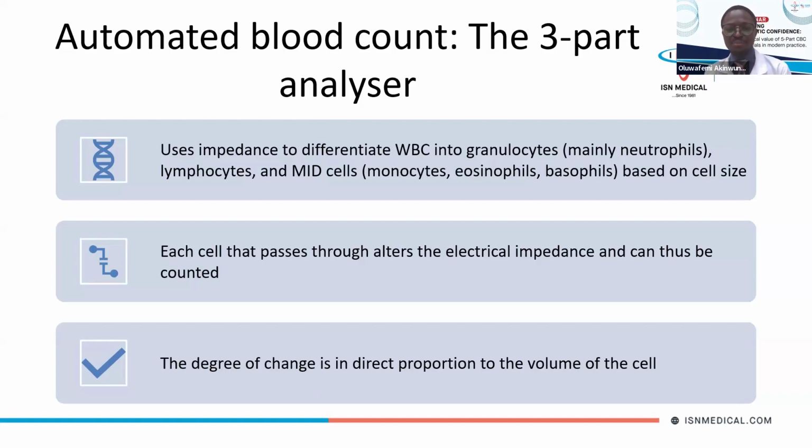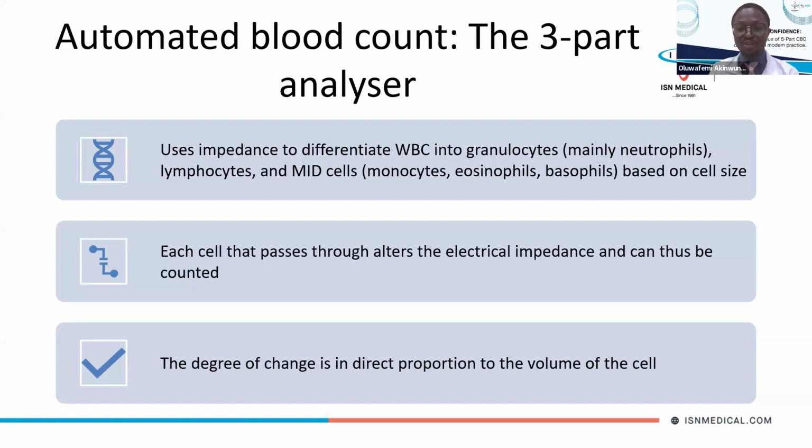So it can only measure or make counts based on the cell size. As each cell passes through the aperture, there is an alteration in the electrical impedance, and this can be counted. If 10 cells pass, you can see a change 10 times in the impedance.